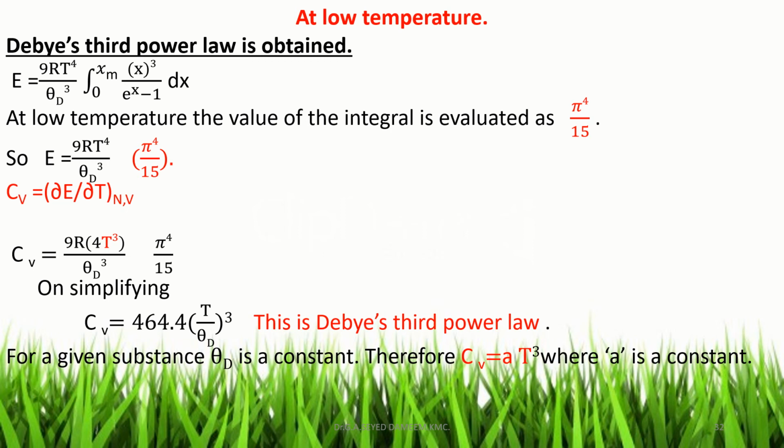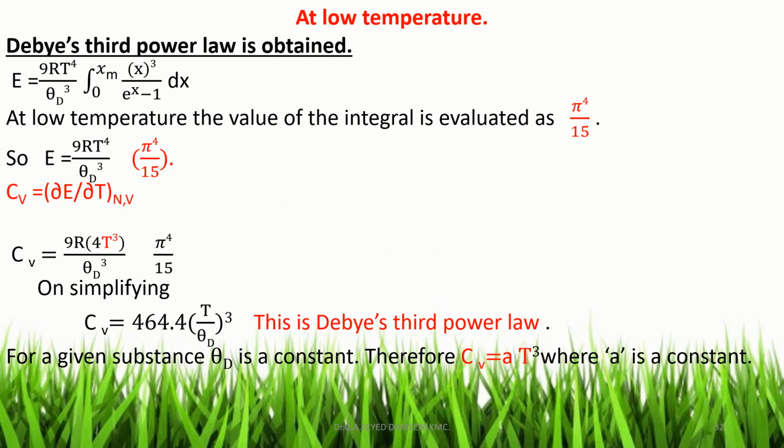So on differentiating this equation with respect to temperature at constant volume, Cv is equal to 9R, and differentiating T power 4 gives 4T power 3, and the remaining terms π power 4 divided by 15 divided by θD cube.